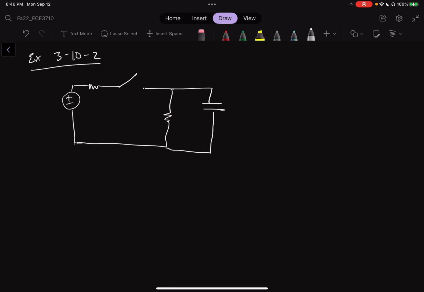Let's call this R2, let's call this R1, let's call this VS, VS of t, let's call this C, plus, minus, let's call this VC of t. And let's say that the switch closes at time equal to 0.